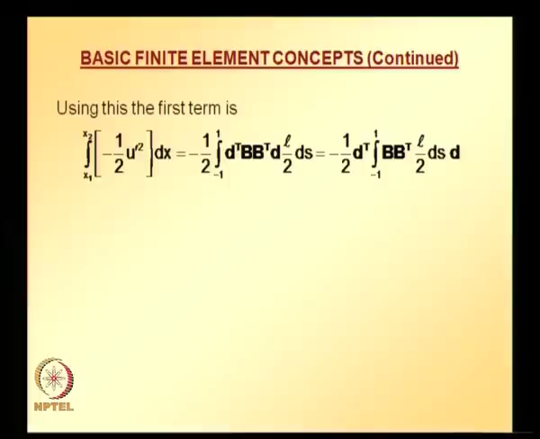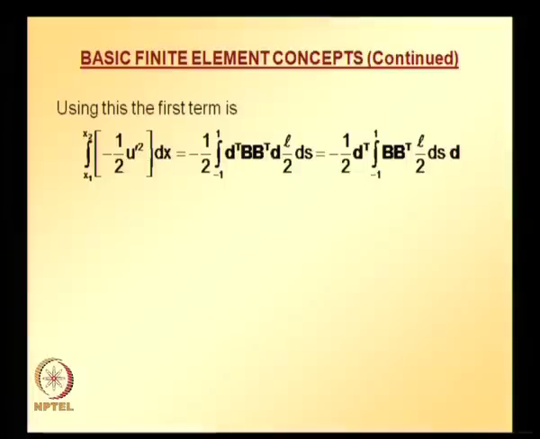And here one more thing I want to point out, ds and dx. If you see the first term, the limits of integration are from x1 to x2, and they are replaced in the second term with -1 to 1, because in the s coordinate system x1 corresponds to s equal to -1, and x2 corresponds to s equal to 1. And dx is replaced with, you know the relation between dx and ds, L over 2 ds.